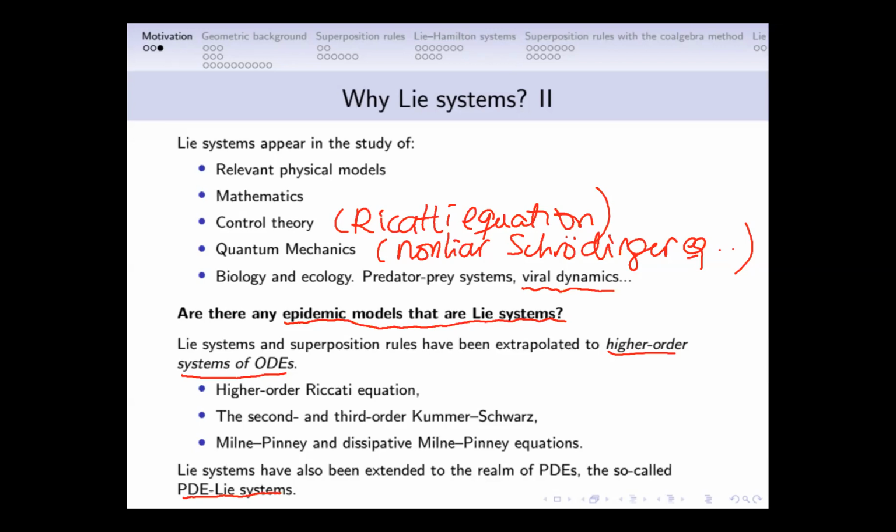Both of them are also connected to time-dependent oscillators. For example, the Milne-Pinney equation is a type of nonlinear oscillator that is almost like the harmonic oscillator, but it has a cubic term in the denominator. So Lie systems in general are very connected to these things, and they have lots of applications in all kinds of literature.